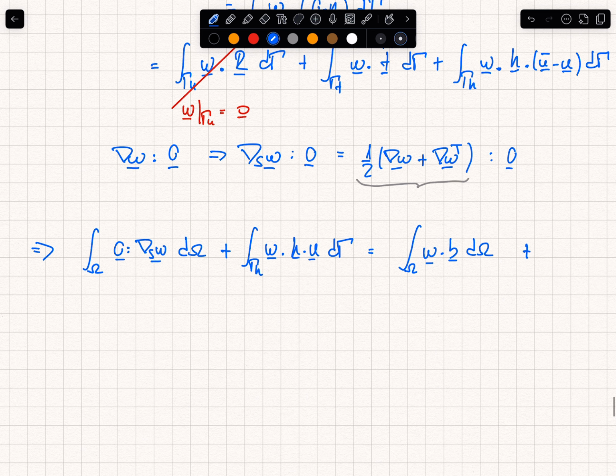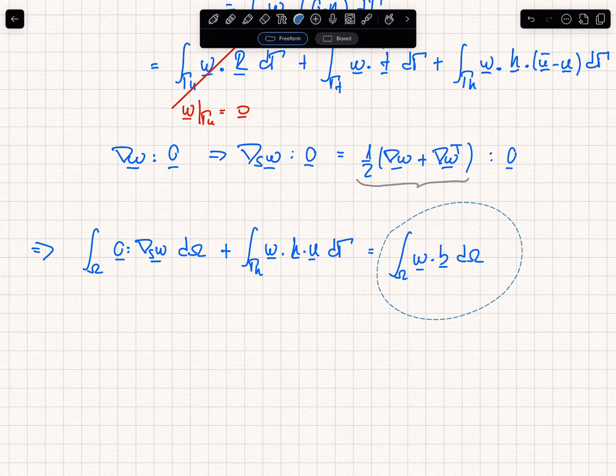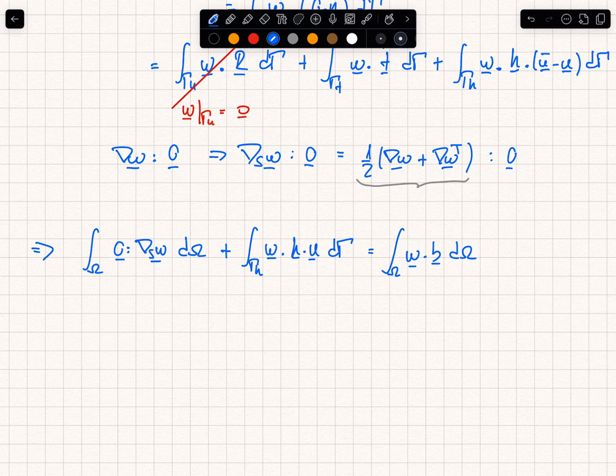And then there are two other terms that pop up. One is our Neumann boundary condition. And then finally I have the other part of the Robin boundary condition, which is the part that we know.